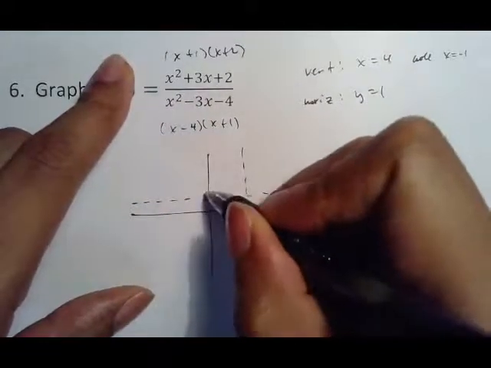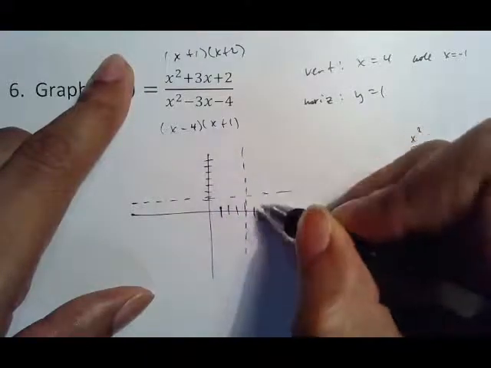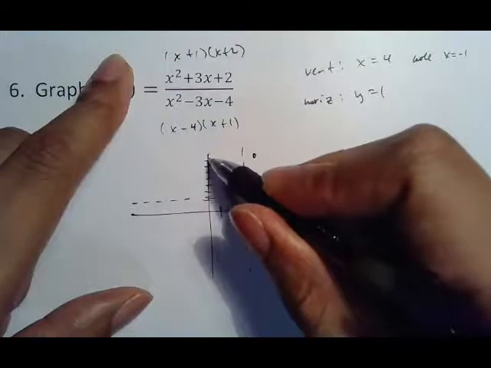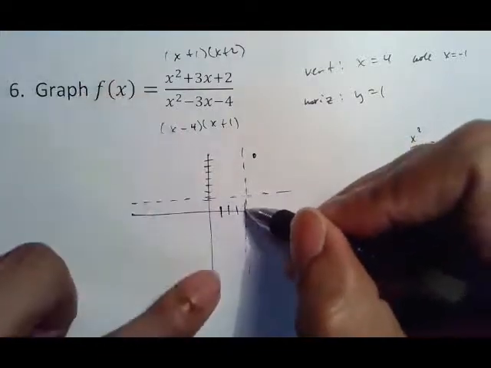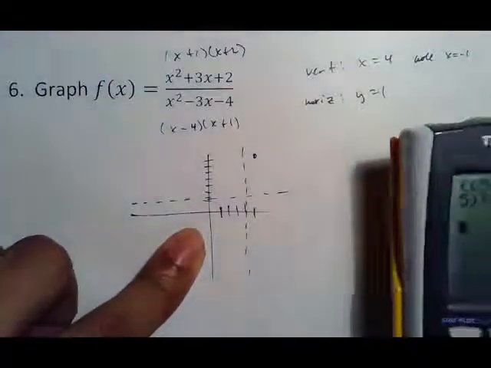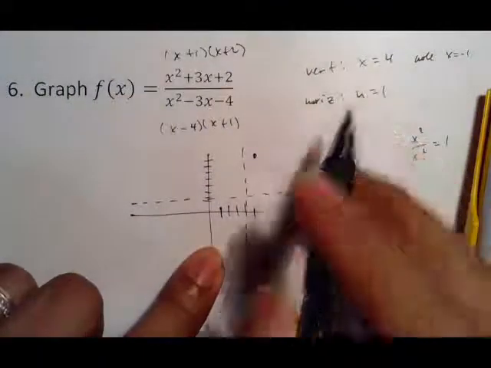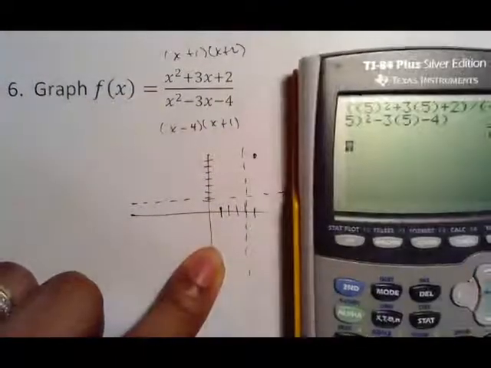So 1, 2, 3, 4, 5, 6, 7. If I went 1, 2, 3, 4, 5, 6 up, I'm assuming I'm going to go down probably to -5. Let's see. That's 4, so we'll turn that into 3.